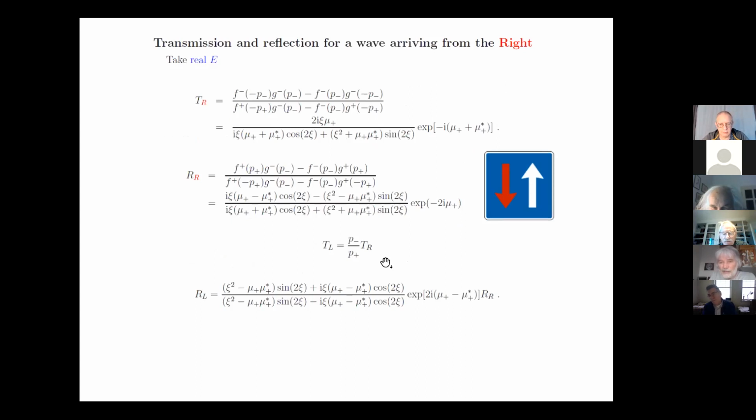Even so, there should be a pseudo-unitarity relation between these things. The ordinary unitarity is T plus R equals 1, but normally in PT symmetry instead, you've got something like T plus the square root of R left, R right equals 1. I don't know if you checked that.